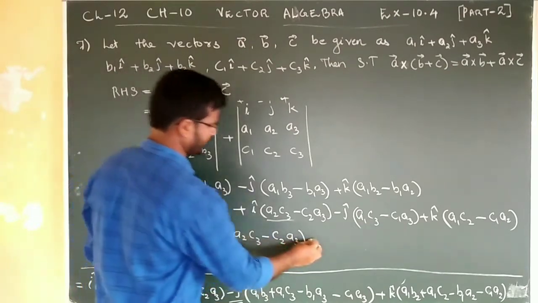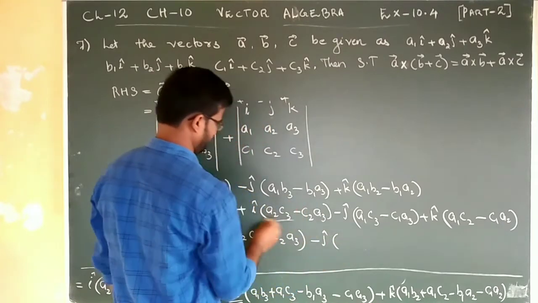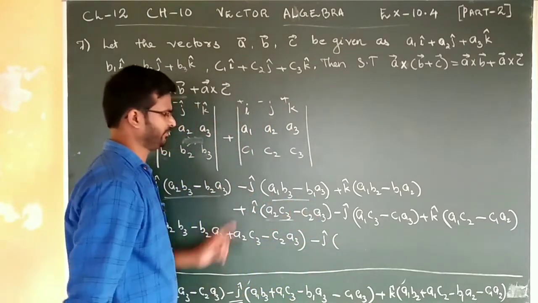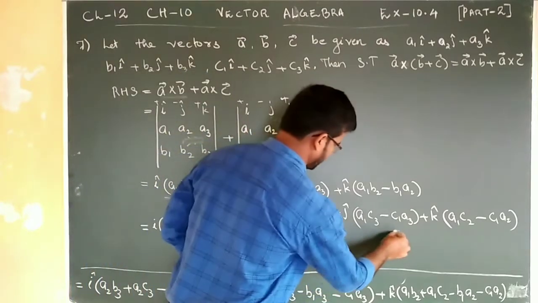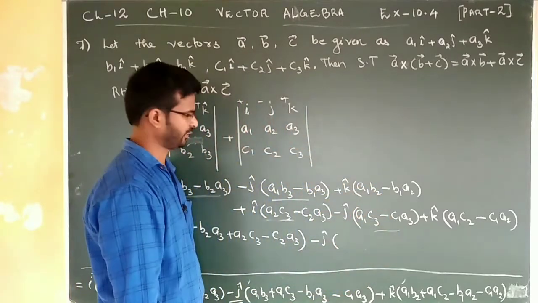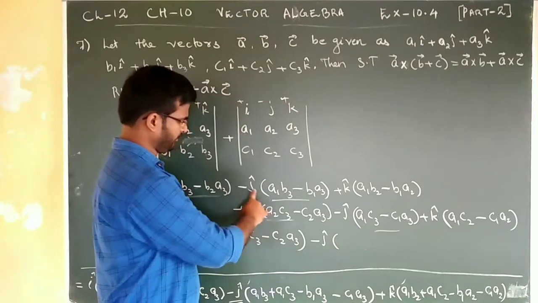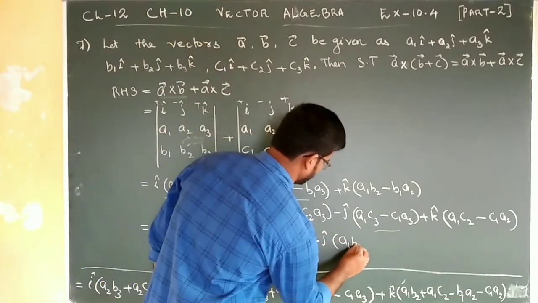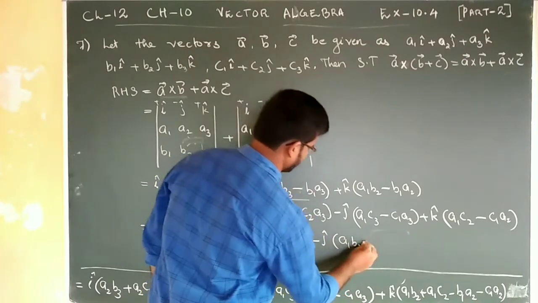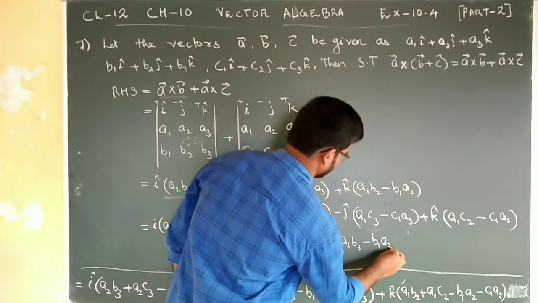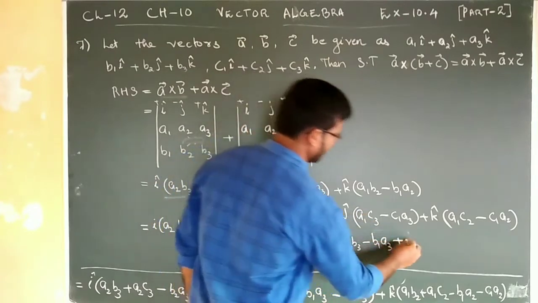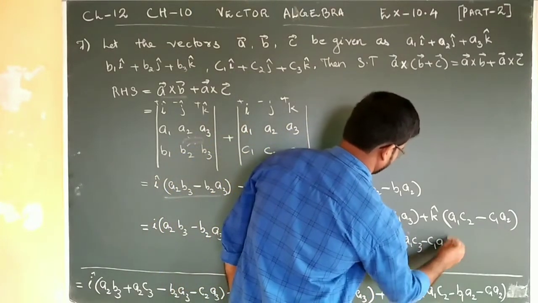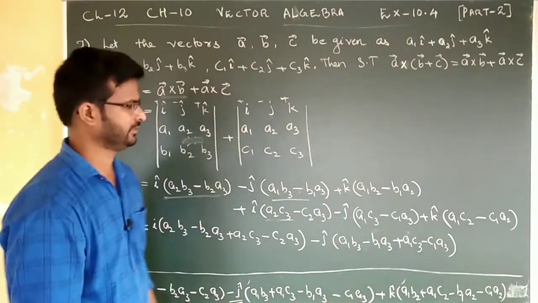Now minus J vector: there is one term with J vector, there is another term with J vector, isn't it? Minus J vector written commonly, then the remaining A1 B3 minus B1 A3 plus A1 C3 minus C1 A3. This is our J term.